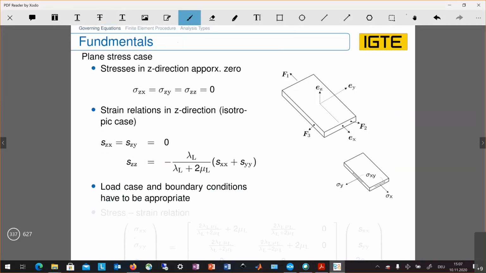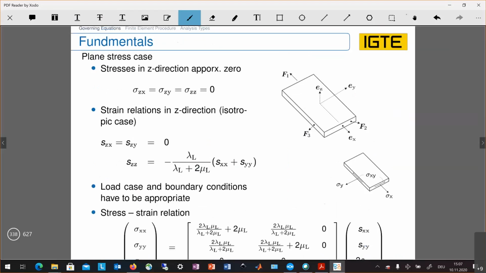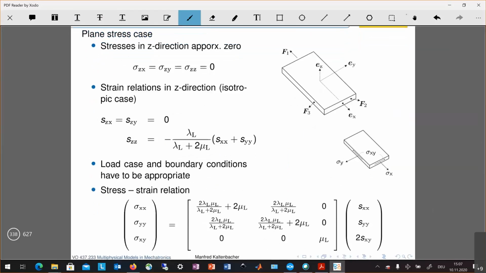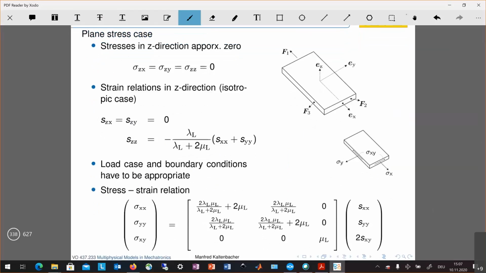Okay, so that gives us now the following. As you can see here, we again have a relation where we just have our normal stress in X direction, Y direction, and the shear stress being expressed by our strains.